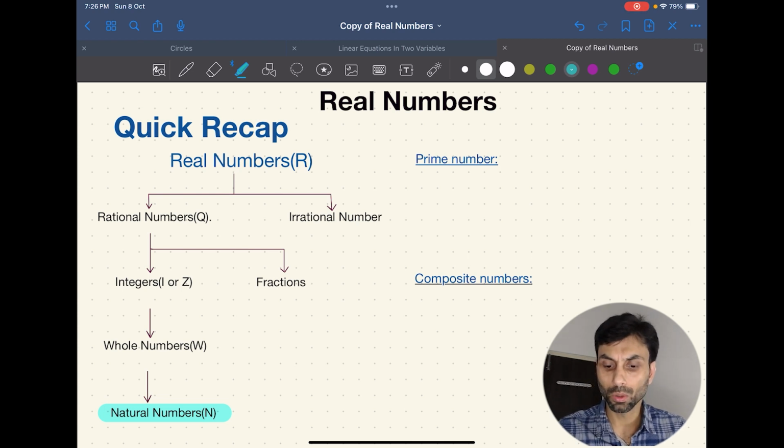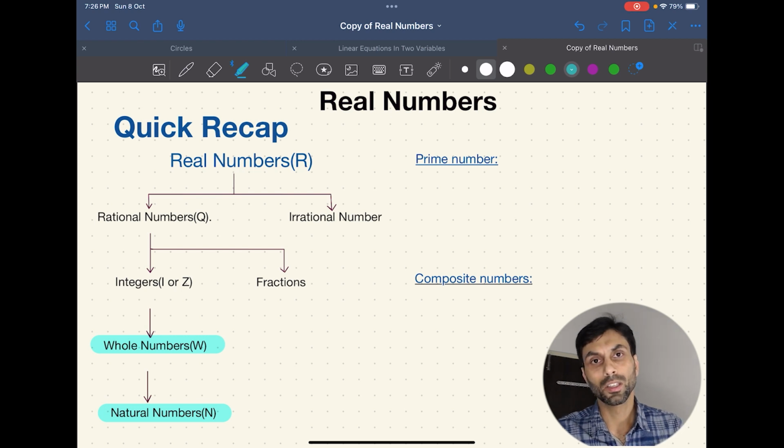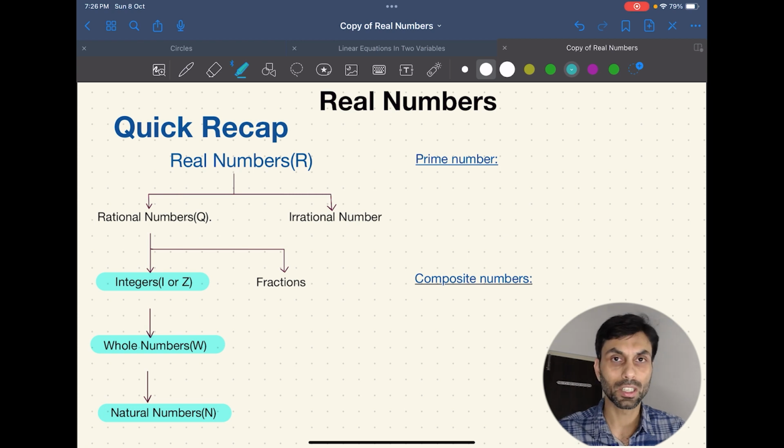Next, once you include 0 in these counting numbers, that means the natural numbers and 0, then the numbers are called whole numbers. In those whole numbers, if you include the negatives of counting numbers, then that is called integers, which is denoted by I or Z. Whole numbers are denoted by W and natural numbers are denoted by N.